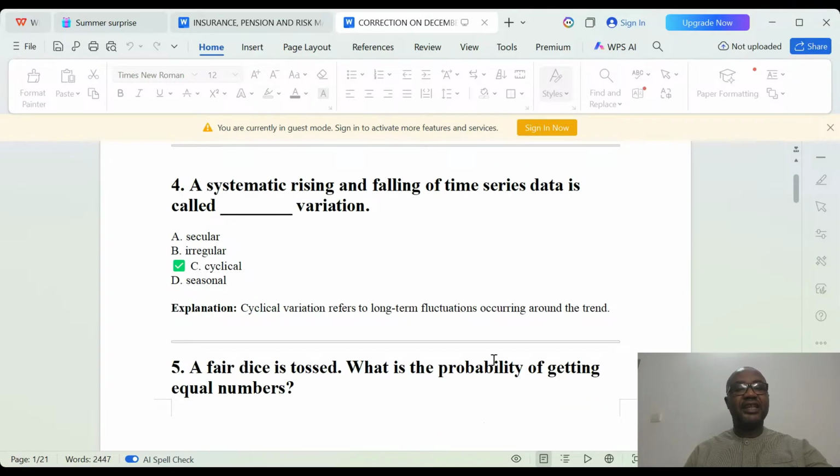We discussed this yesterday at length, saying that cyclical variation refers to long-term fluctuation occurring around the trend. Take note, you might be tempted to say irregular, because it is rising and falling, but irregular is not the answer. It's called cyclical variation.